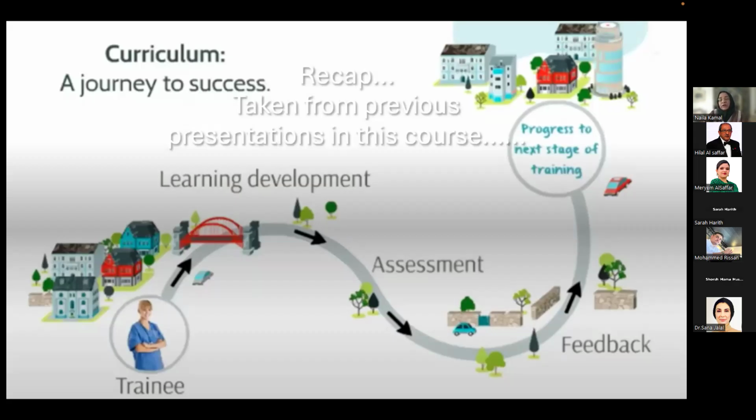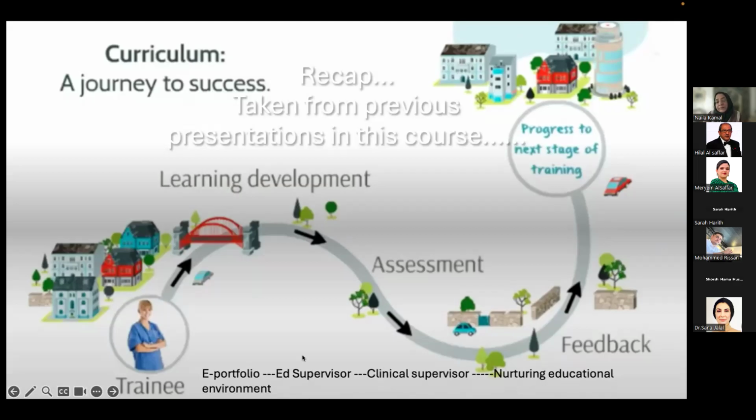I've added a few other things which go in that process, because on the side you will see that there is feedback written here as well. So what you have been taught is that this is the journey and these are the important milestones. And we've added a few other things that also get incorporated into the whole process, and they ultimately make an effective educational system.